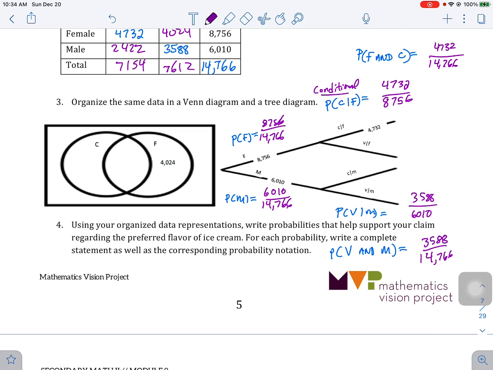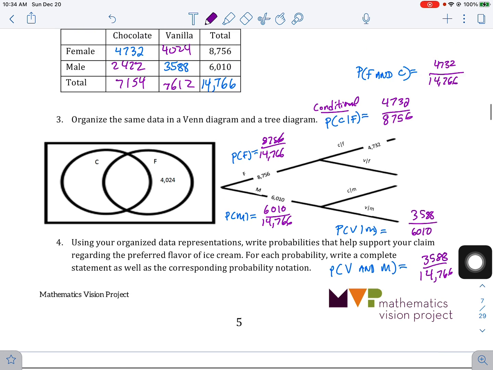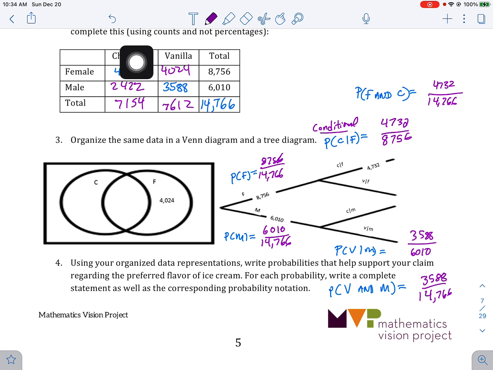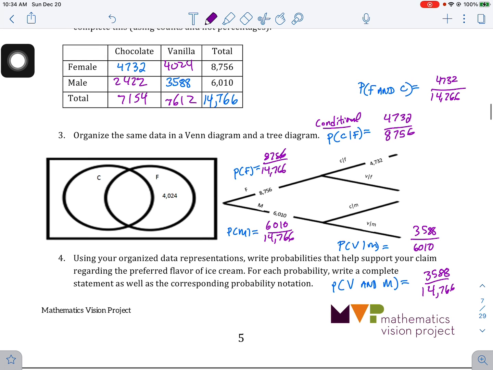Okay, some other things that we can get from this would be right here, how many are both, say, chocolate and female. We can get that from our chart, and we can see chocolate and female is 4732. Okay, and then we can also see how many are chocolate but not female.